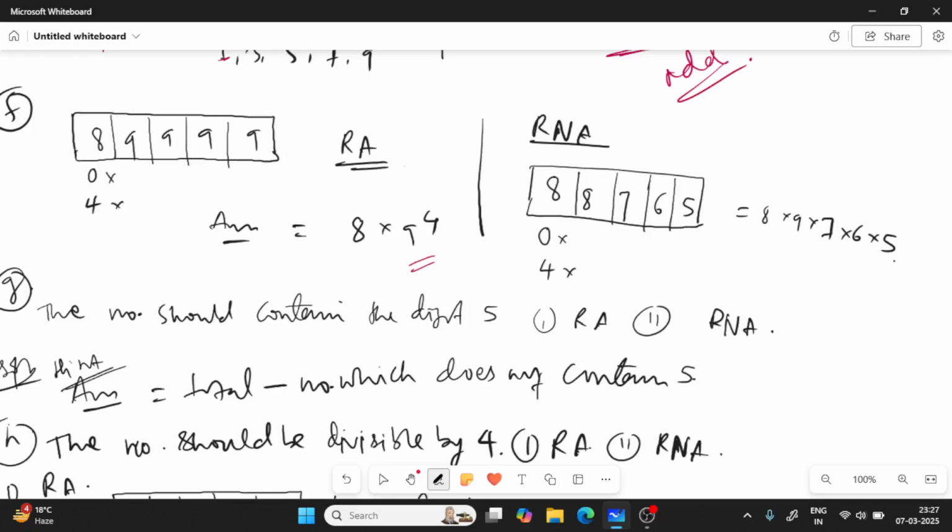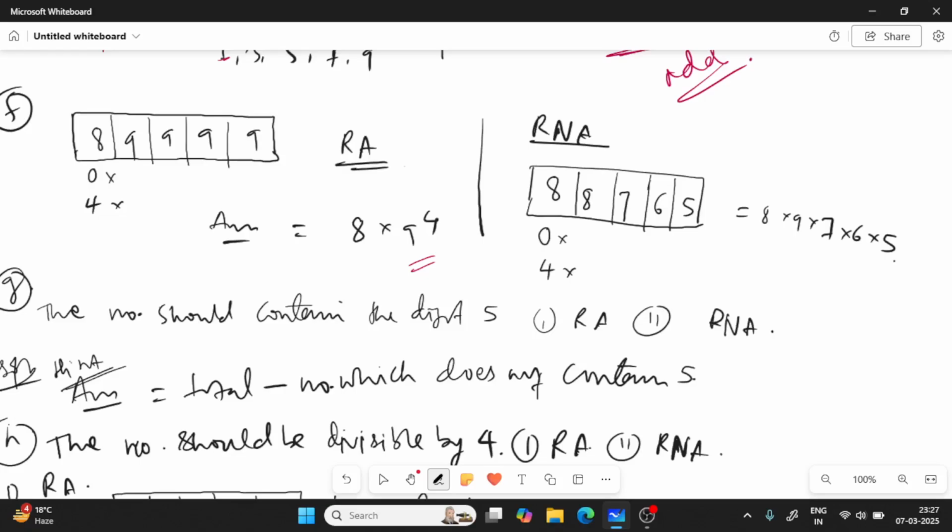The case where replacement is not allowed, here 0 cannot be put, 4 cannot be put, so we'll be left with 8 ways. Again, we'll be left with 8 ways. Why? Because the digit which has been used here cannot be used here, and 4 cannot be used. So 2 digits have been already used.